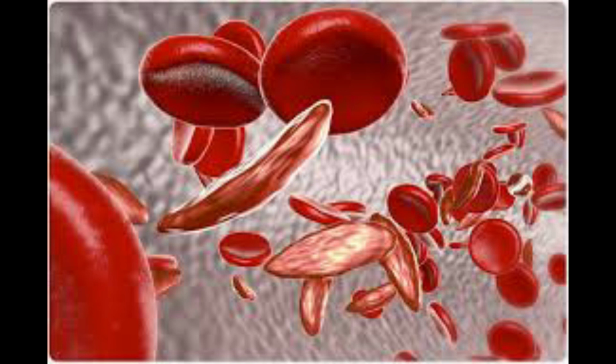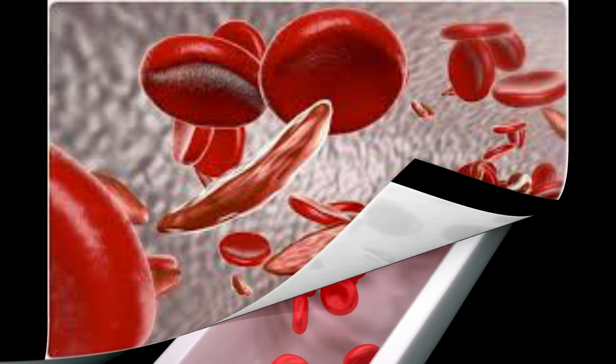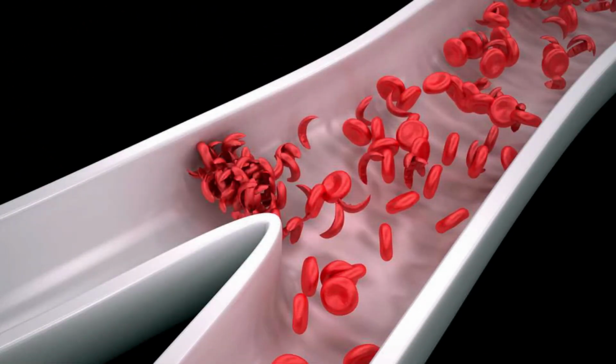We also mentioned that sickle cell does not carry oxygen as well as the normal RBC, and we spoke of some of the manifestations of sickle cell. We talked about the hemolysis, the destruction of the spleen.